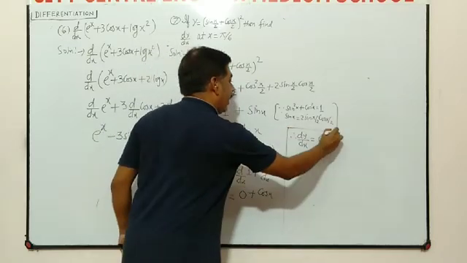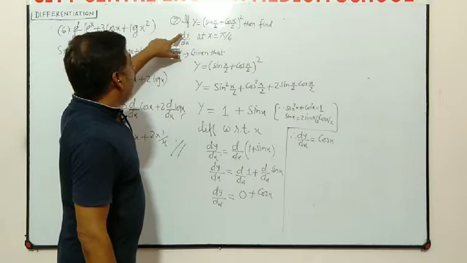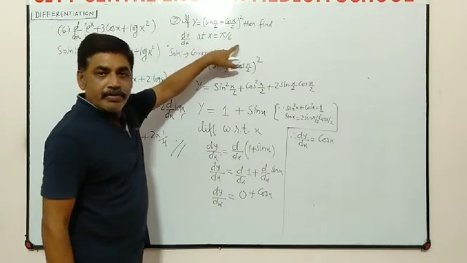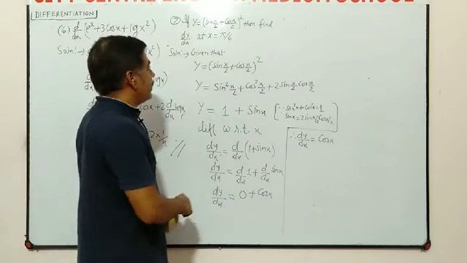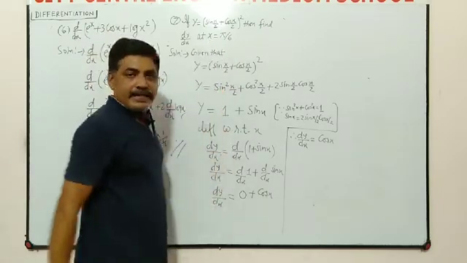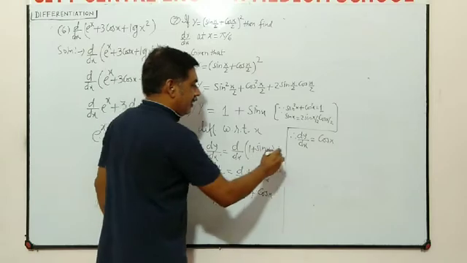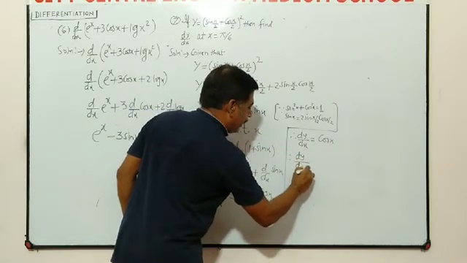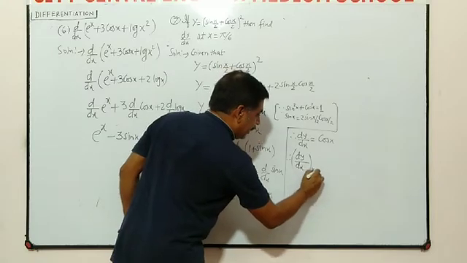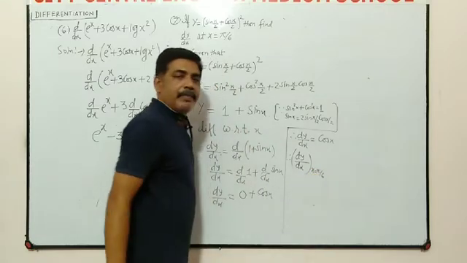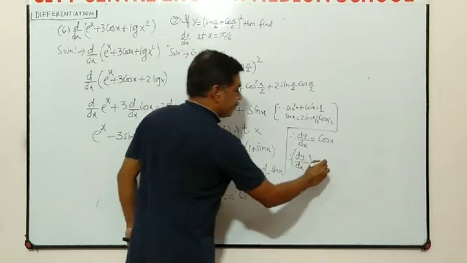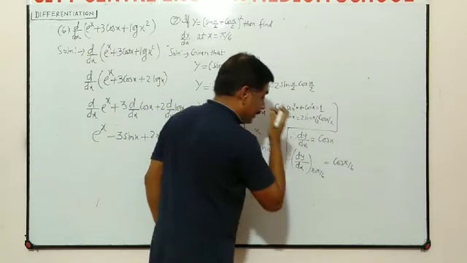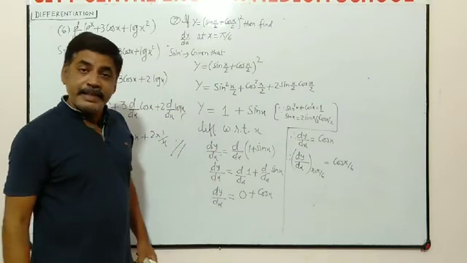Now what we have to find is dy by dx at x is equal to pi by 6. That means we have to put the value of x, which is pi by 6. So we can write it this way. dy by dx at x is equal to pi by 6 equals cos of pi by 6, and pi by 6 means 30 degrees.